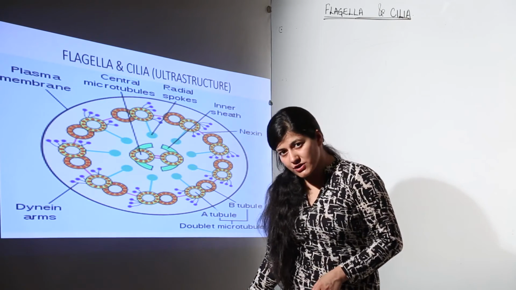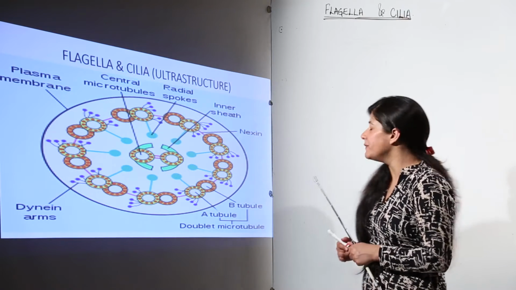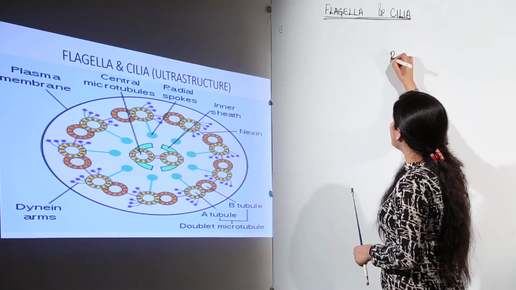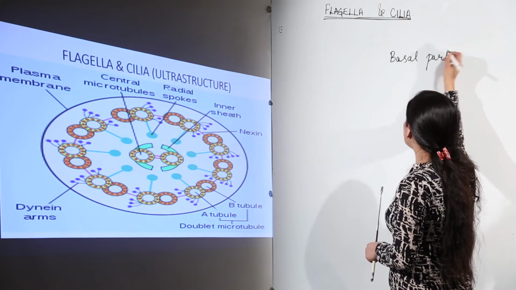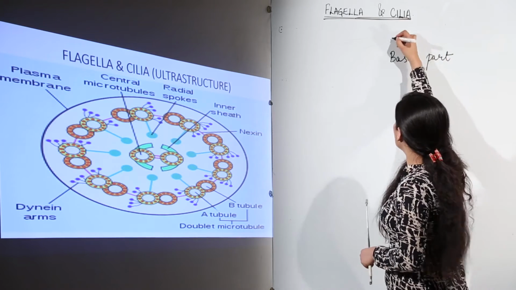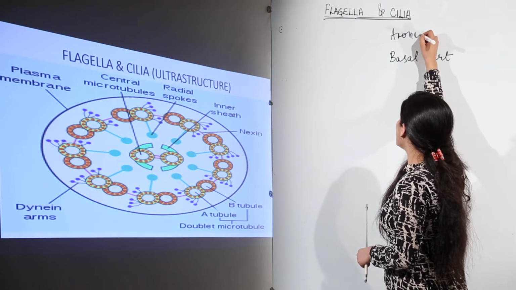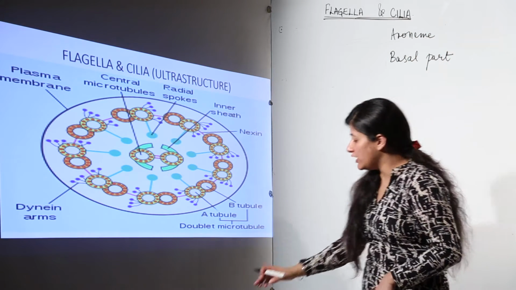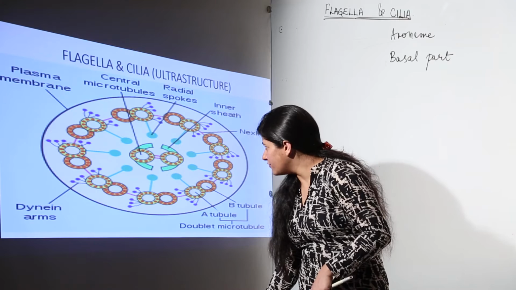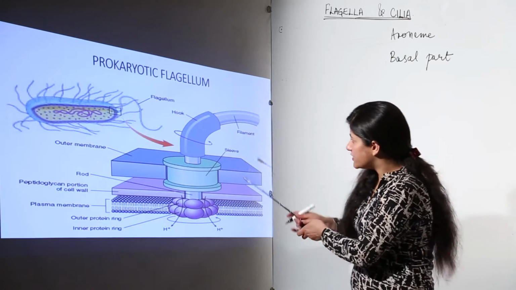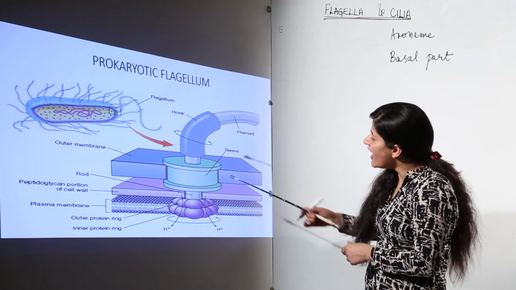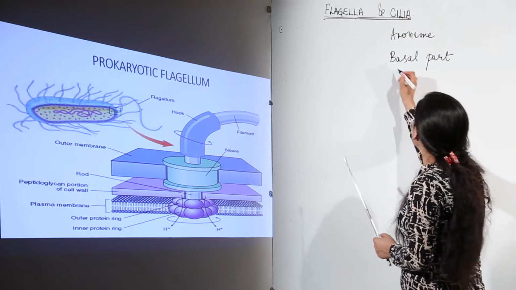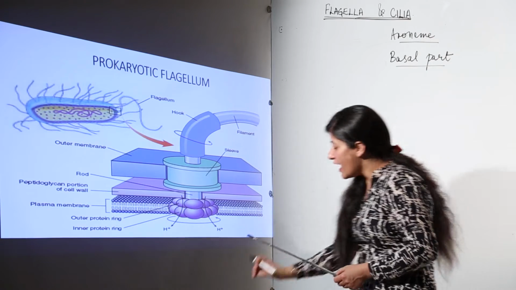Before going to the ultrastructure, you need to remember that there is a basal part in the flagellum which differs from the axoneme in its ultrastructure. So what is the axoneme? This part is the axoneme, which is surrounded by the plasma membrane, and there is a basal part which is different in ultrastructure from the axoneme.